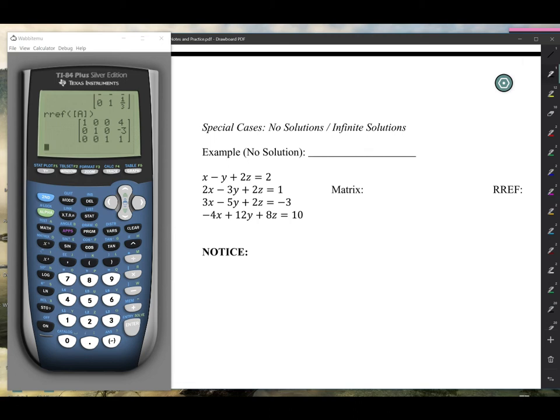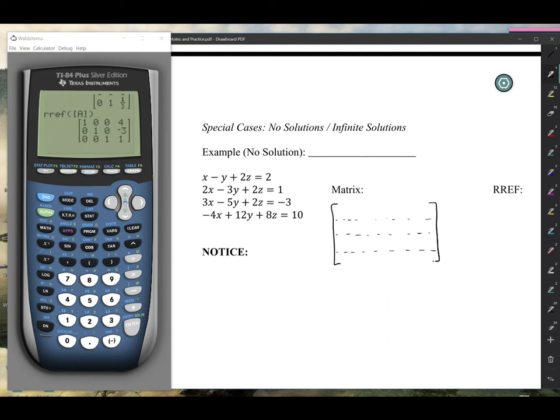For this case here, we are going to have 4 rows and 4 columns. So just a little bit of a bigger matrix here. And I just want to show you what something is going to look like for no solution.